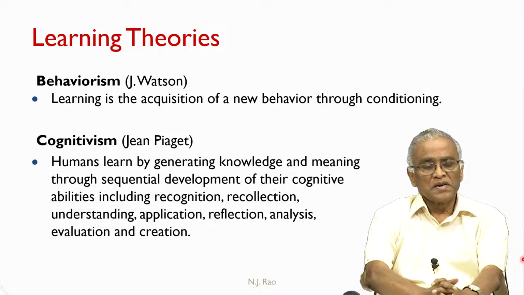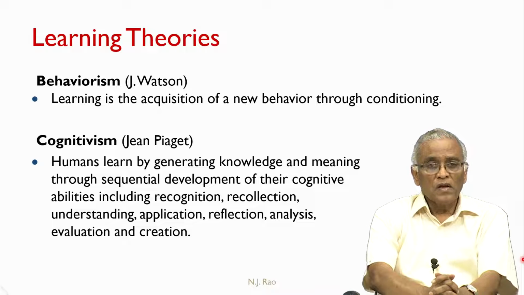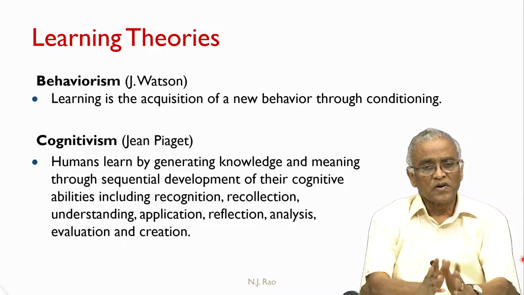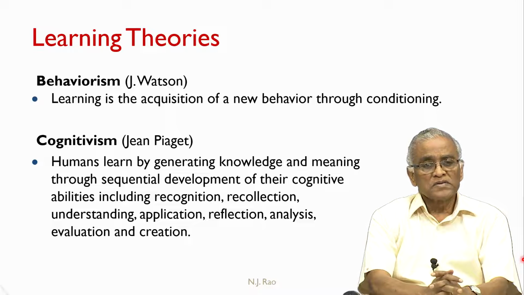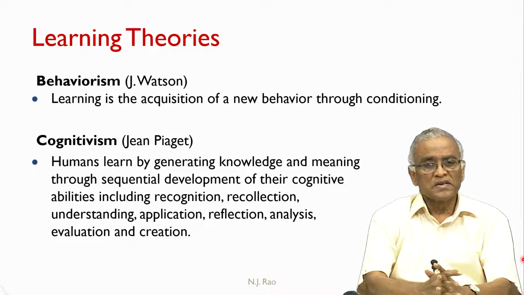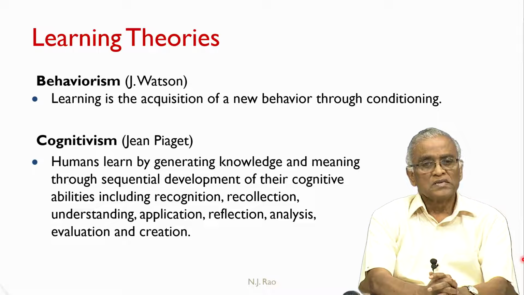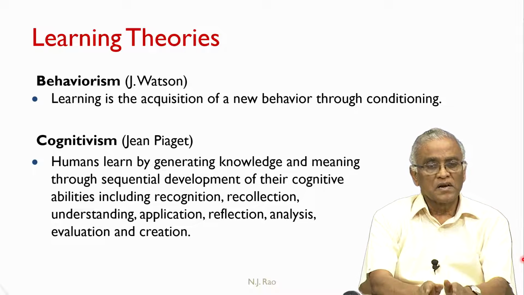Then comes cognitivism. This is around Second World War time, the 1940s. It was recognized that humans learn by generating knowledge and meaning through sequential development of their cognitive abilities.